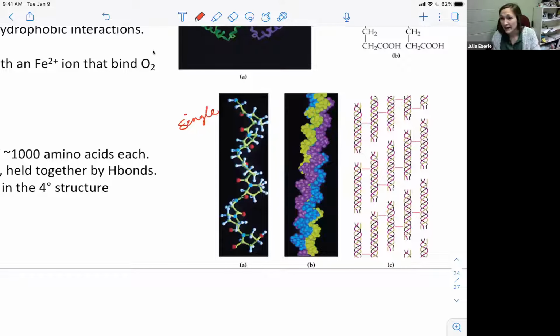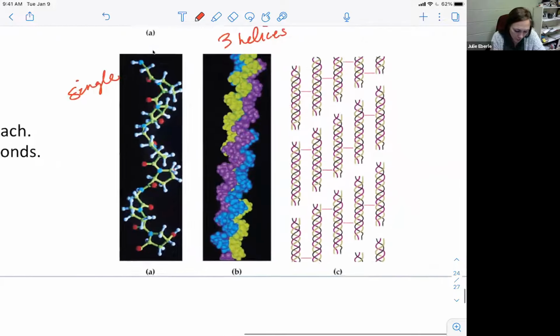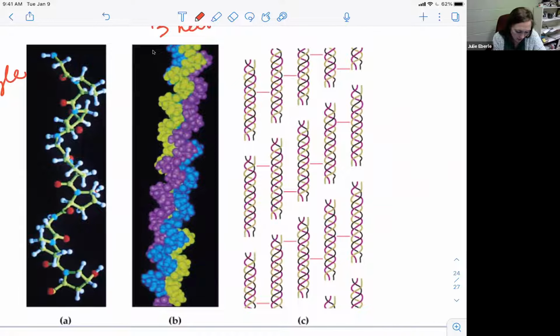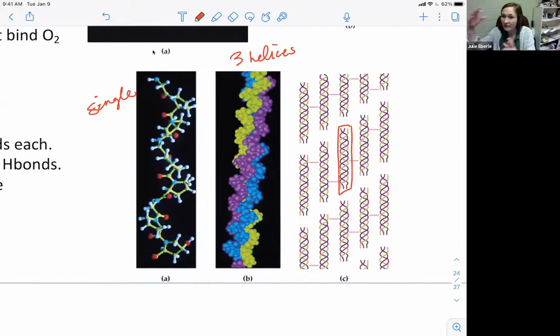They're not necessarily braided, but they're all together. Then for the quaternary structure, you overlap and overlay these coiled strands of 3 to get this really tough fibril. That would be the quaternary structure of collagen.